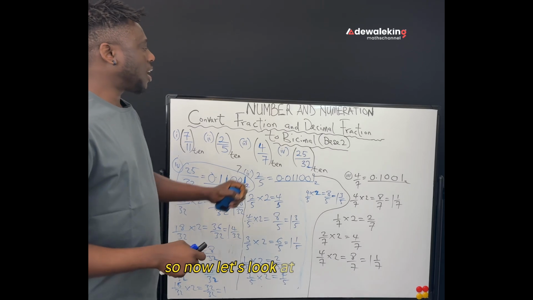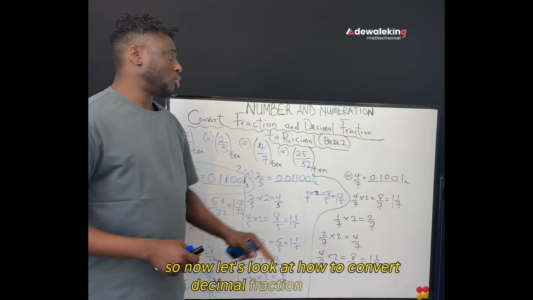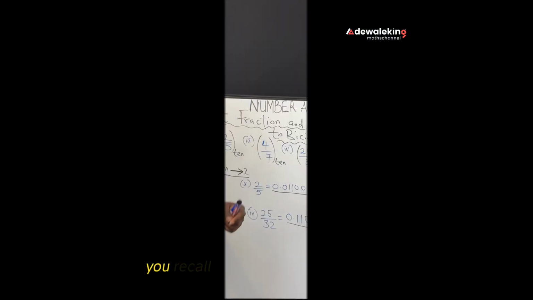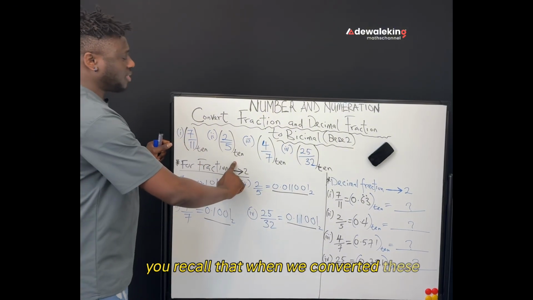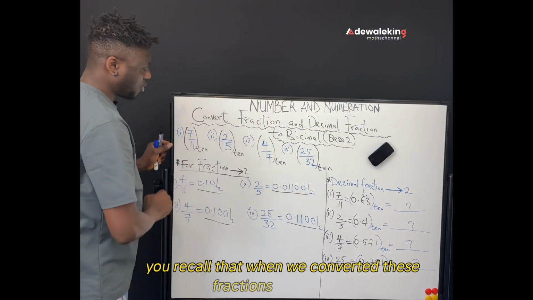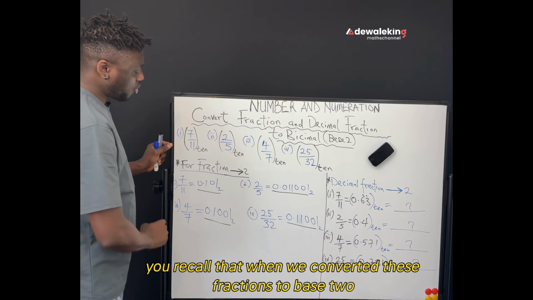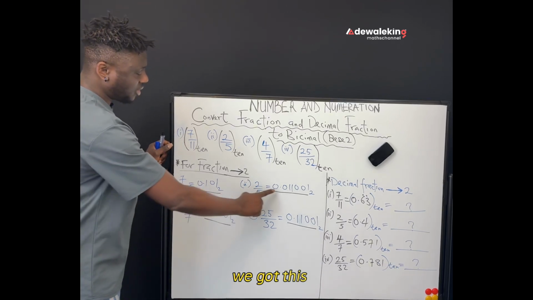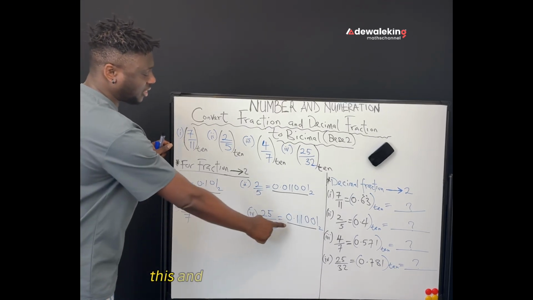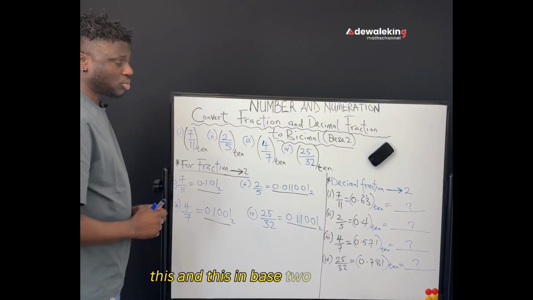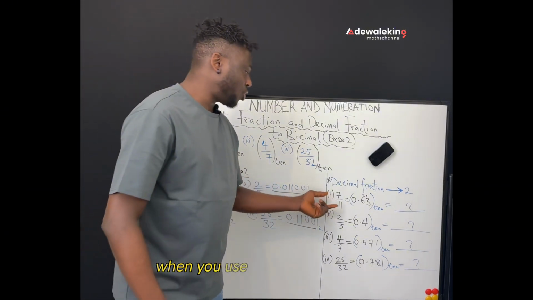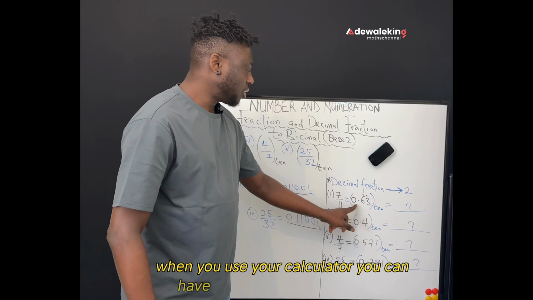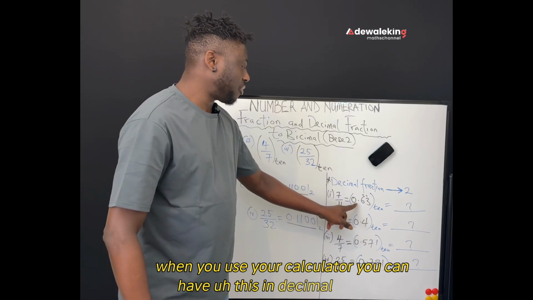So now let's look at how to convert a decimal fraction to a bicimal. You will recall that when we converted these fractions to base 2, we got this, this, this, and this in base 2. When you use your calculator, you can have these as decimal fractions.